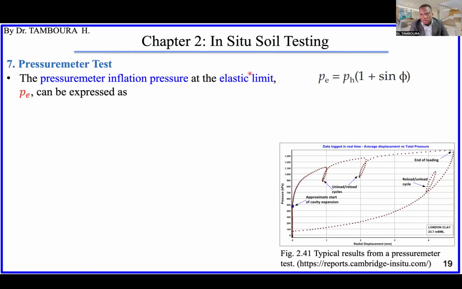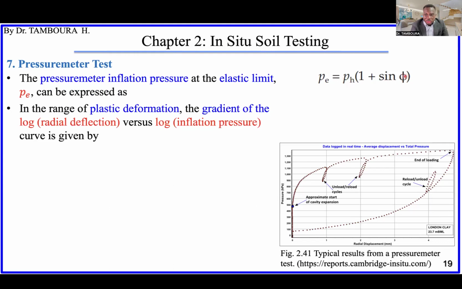So this one is here, PE, this pressure. PH is also like P0, as I explained, multiplied by 1 plus sine of phi. Phi is the internal friction angle. So from this, we can obtain this angle from this relationship.